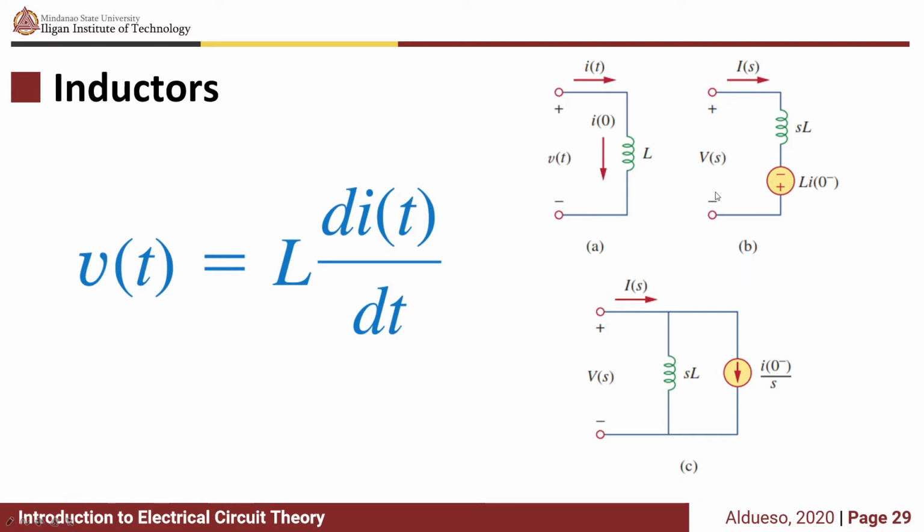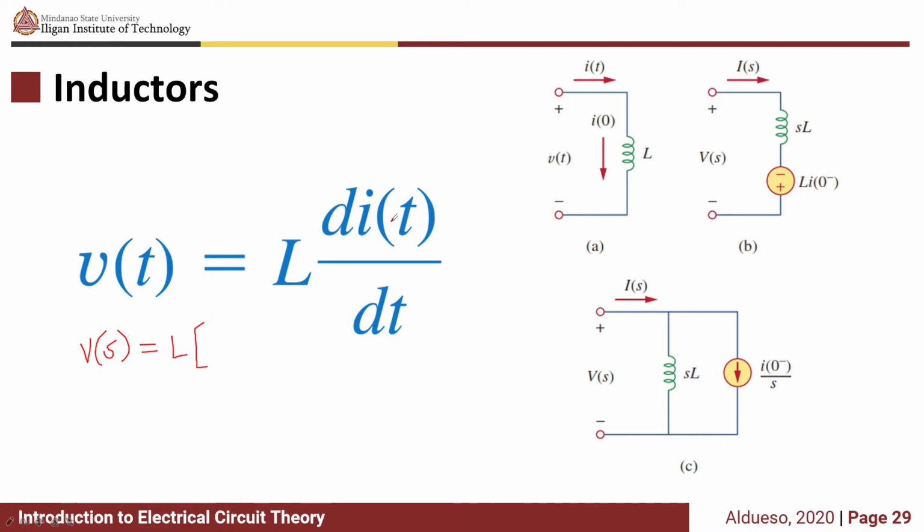So how come? If you remember, to get the Laplace transform of v(t), V(s) equals L times the Laplace transform of a derivative.